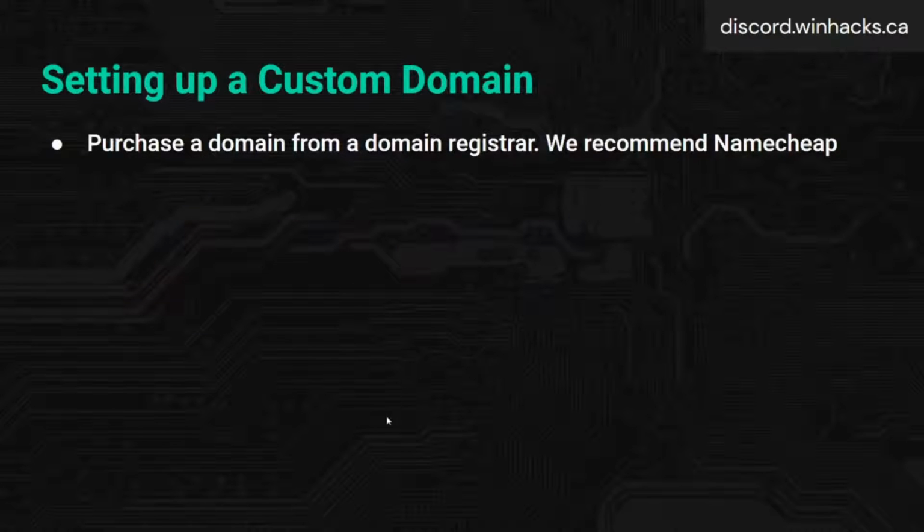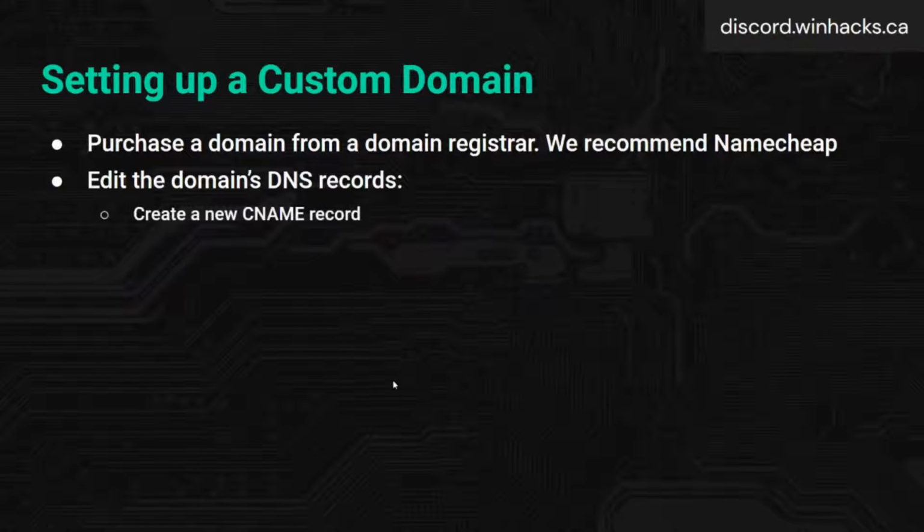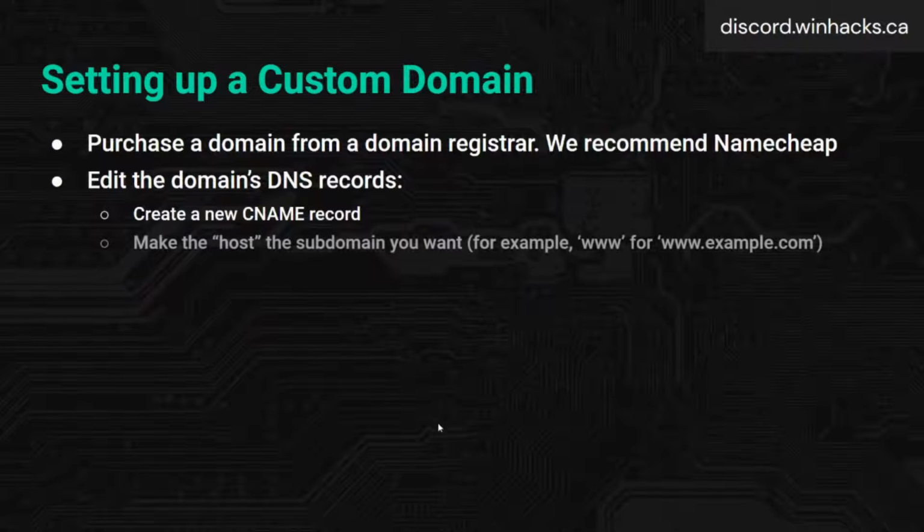First of all, you've got to actually own a domain. We recommend using Namecheap. Namecheap is awesome. You get to pick a name, and that name is cheap, hence Namecheap. It has a lot of features. Then you can edit the domain's DNS records. So you'll create what's called a CNAME record, and we'll go over the settings on there later, but you'll make the host the subdomain you want.